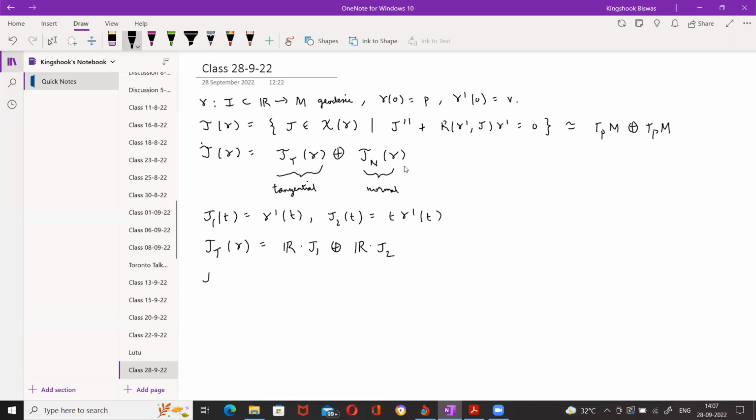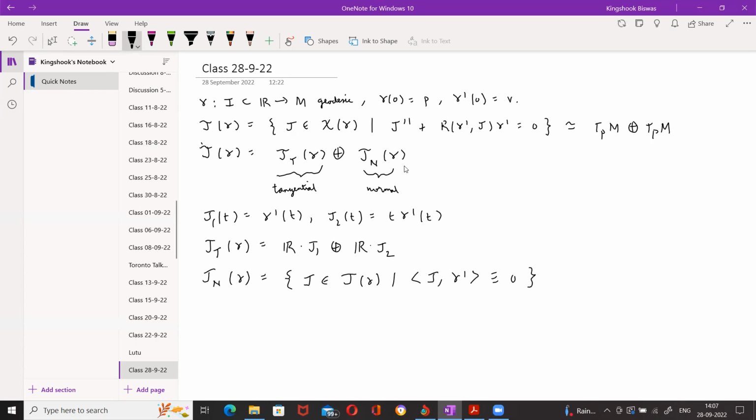And then the space of normal Jacobi fields was the space of Jacobi fields which are everywhere perpendicular to the curve. So the inner product of J and gamma prime is identically equal to 0.